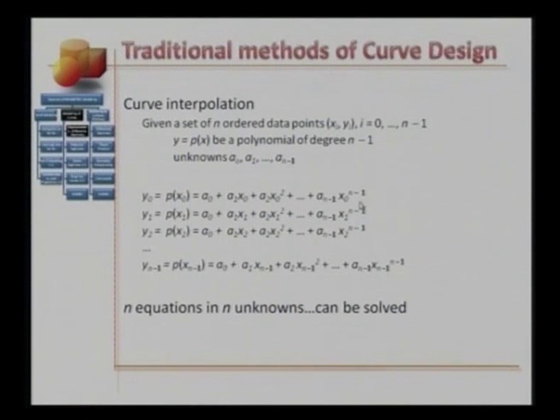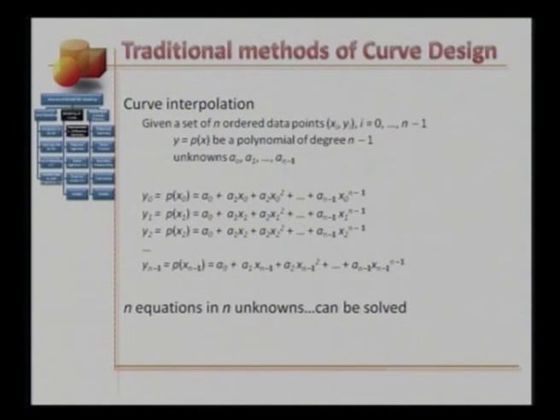These are n equations, n unknowns, and we can solve them. We all know how to solve them. All we need to do is represent this set of equations in compact form and invert an n by n matrix.